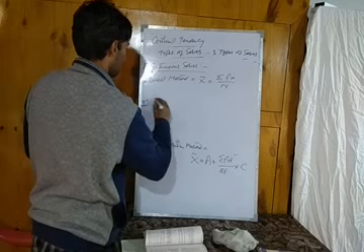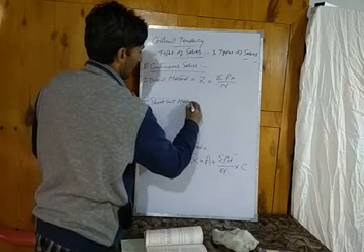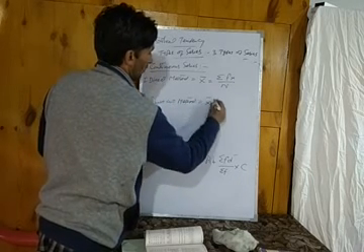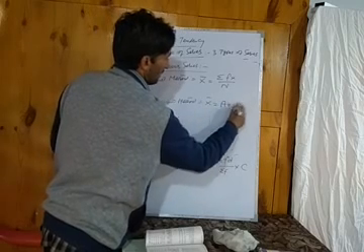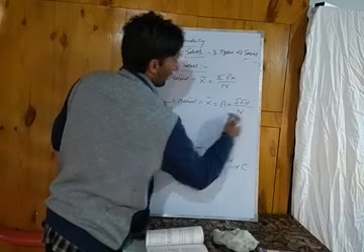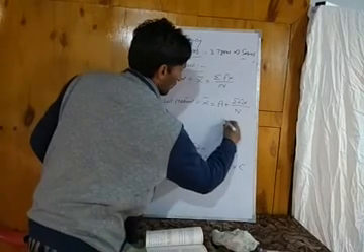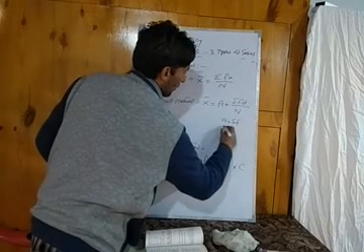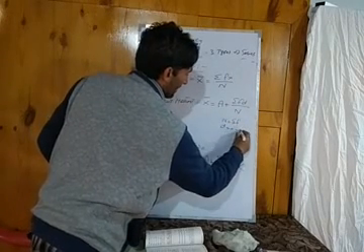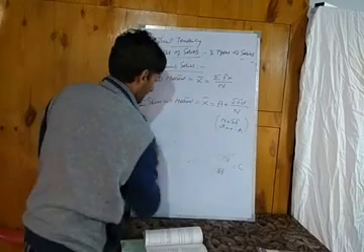Second, shortcut method. X bar is equal to A plus summation fd divided by n. n is also equal to summation f, and d is equal to x minus a. Same.